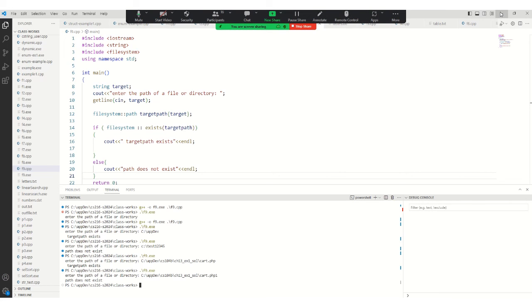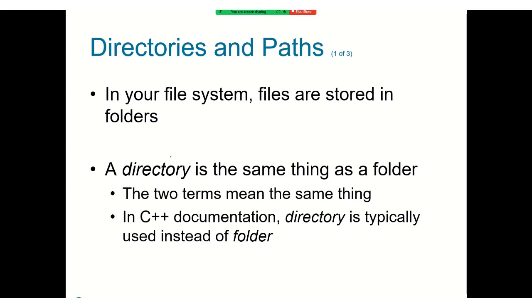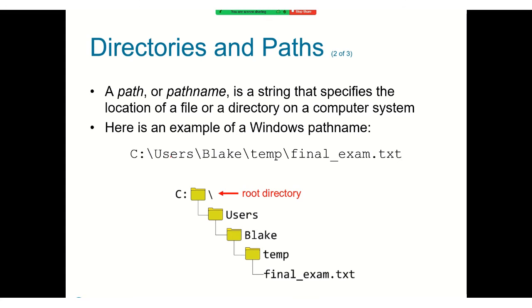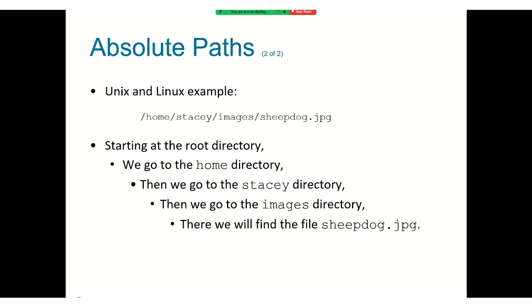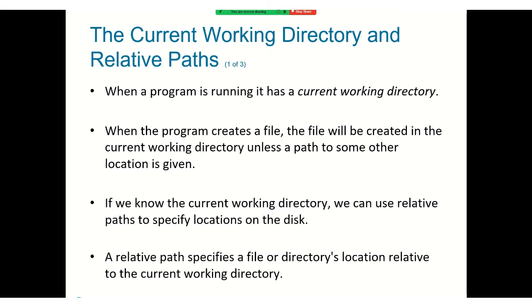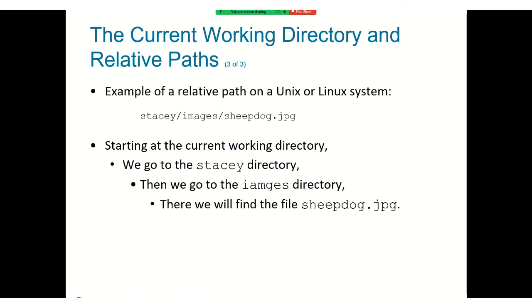Okay, any question? Good. Okay, so that's about it. That's what we did here. An absolute path is like this, or you can do the relative path as well. That's another way to look at it. So that's fine.